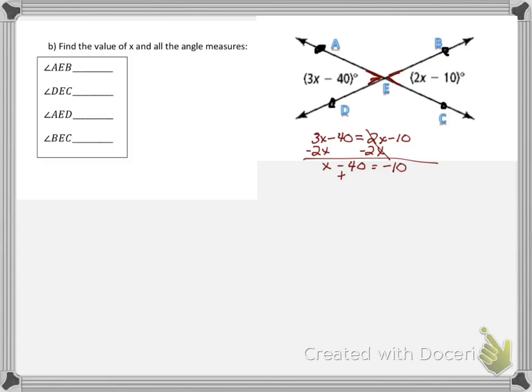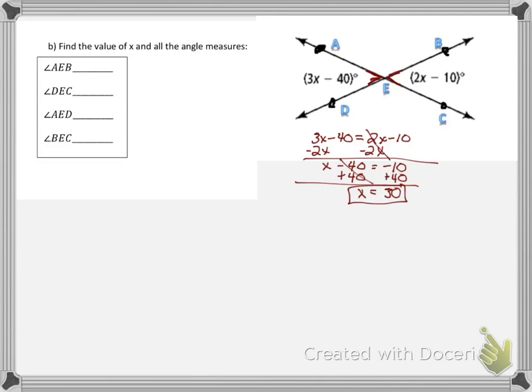We undo the subtraction by adding. This goes away, that's what we want. And we have that x equals 30. So now we figured out the x value.